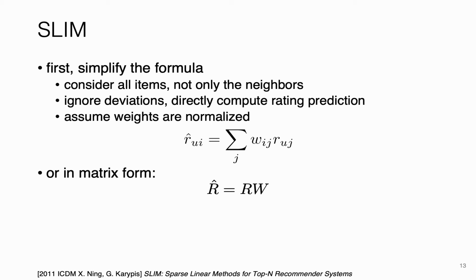In matrix form, the predicted rating matrix can be represented as the product of the ratings matrix and a weight matrix W. Here we assume that all missing ratings are set to 0. In the case of explicit feedback, that is ratings, this is the case when we mean center the ratings.